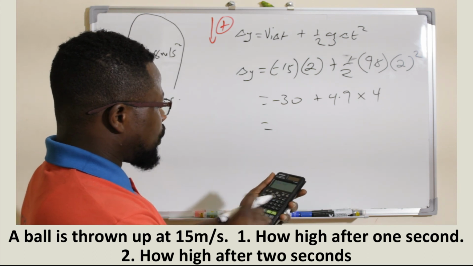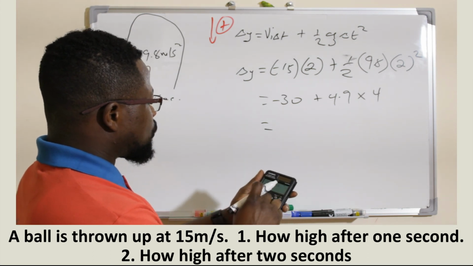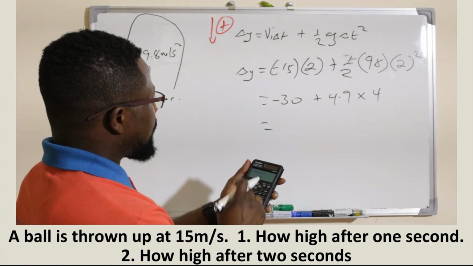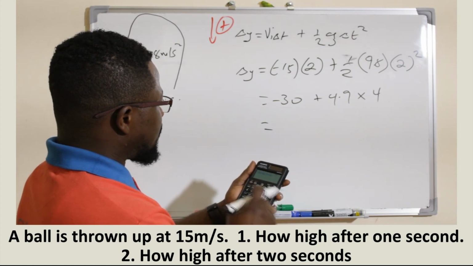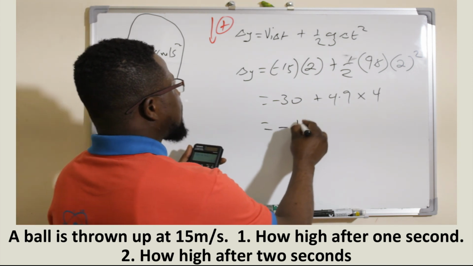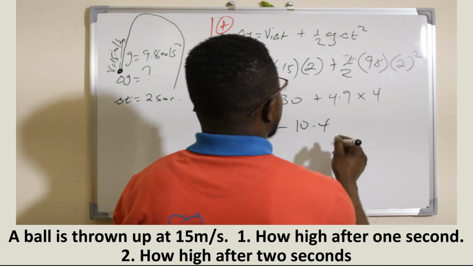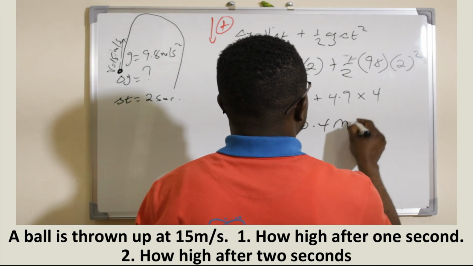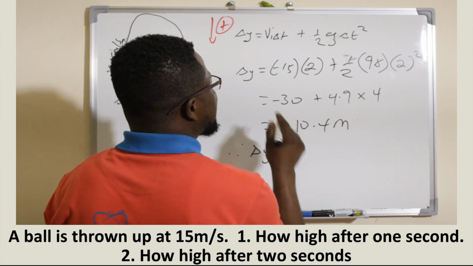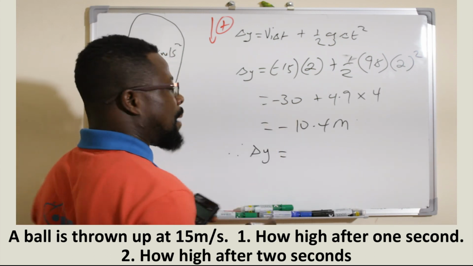Let's see what we're going to get. I just want this to be the right way, so let me put all that in brackets and then work it out. We are getting negative 10.4 meters. Therefore that also tells me that the object is still moving upwards.